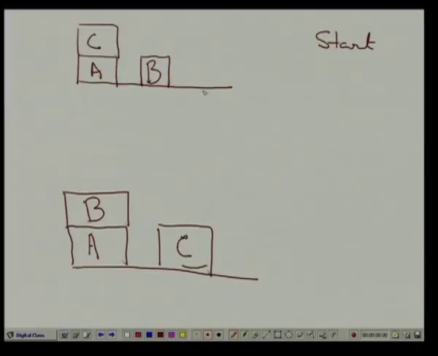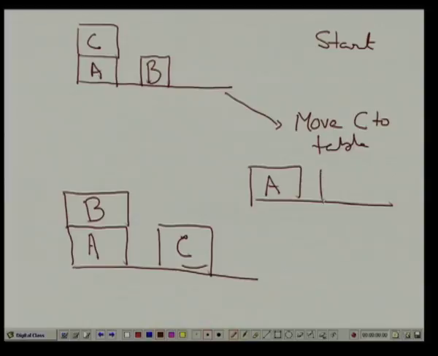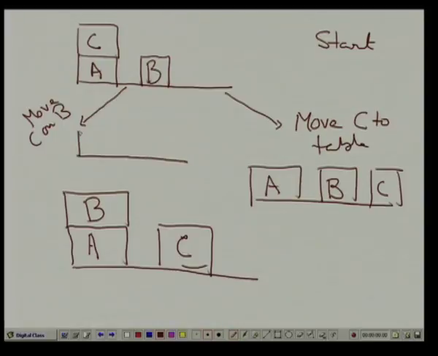Now, from here I can move C. One possibility is to move C to the table, which will lead me to a particular state where it will be A, B and C. There could be another move, that is another rule, which says move C on B. In that case, that will lead me to a particular state which will be A, B, C. Now, this one is one candidate and this is another candidate.